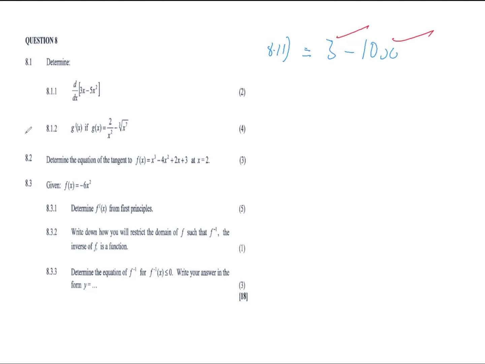Then we have 8.1.3, which says find g prime of x if we have this. With this one, we need to rearrange it for derivation first, right? So prepare it for derivation. Remember, we cannot derive while our variable is still in the denominator.